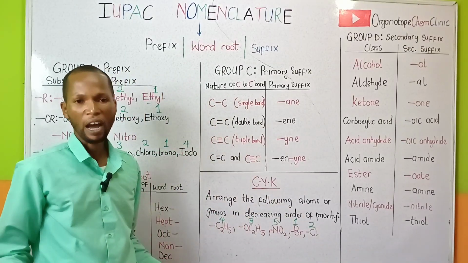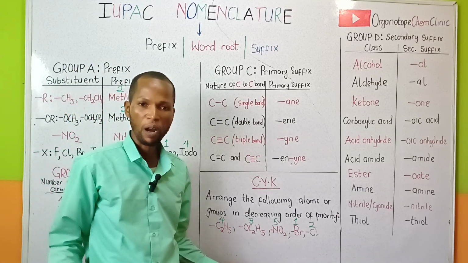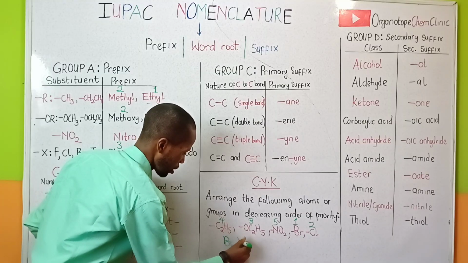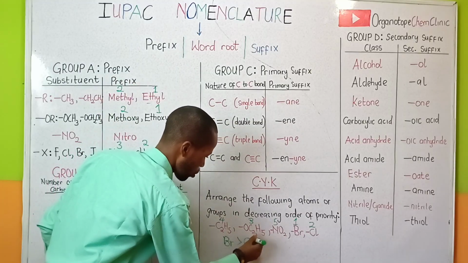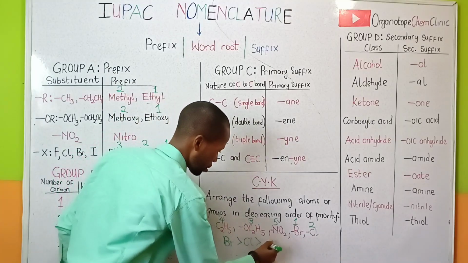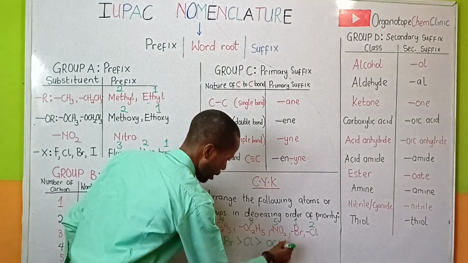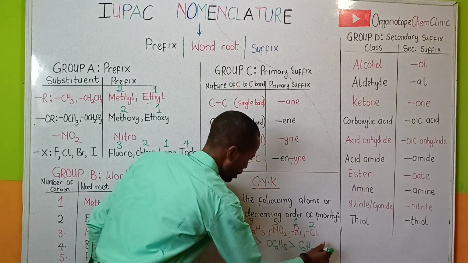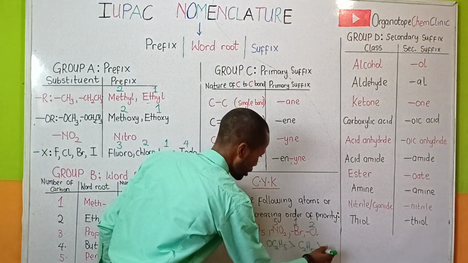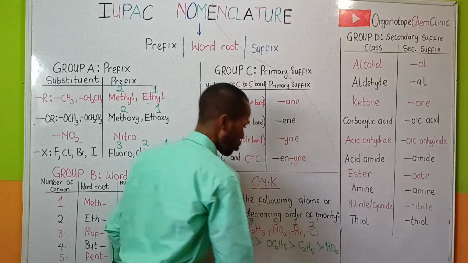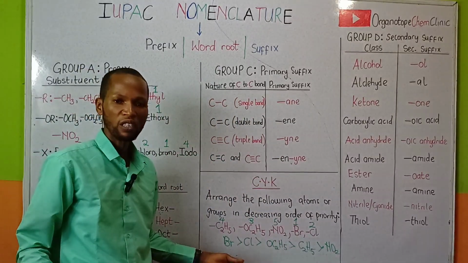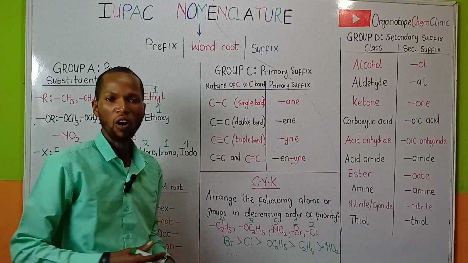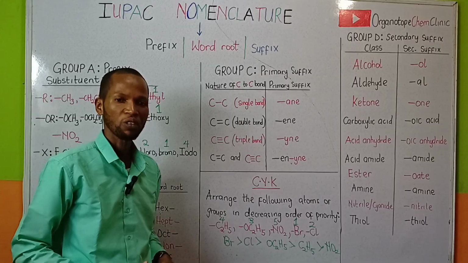Okay, so therefore I can equally say that in order of priority I have bromo greater than chloro greater than the ethoxy greater than the ethyl, and the last one is the nitro group. Okay, this is the correct order of arrangement of this prefix in an instance whereby they are all found in the organic structure. Make sense?